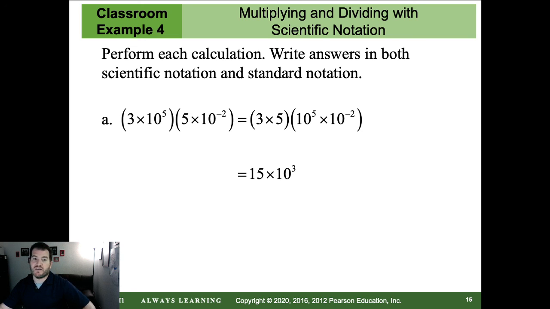The answer is no. Because remember, scientific notation has to be between 1 and 10. So my decimal points here, I really need it to be there. So that's going to be 1.5 times 10 to the 4. So just be careful on those. I know that's a little confusing, but again, this gave me 15. 3 times 5 is 15. But I need it to be 1.5. So I'm going to have to add an additional place that I have to go for the place value.